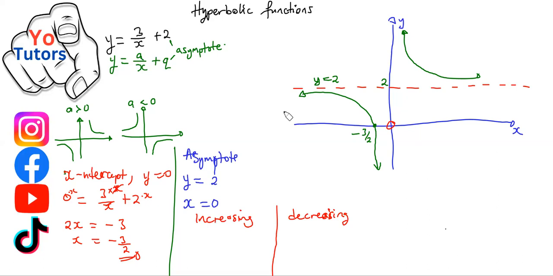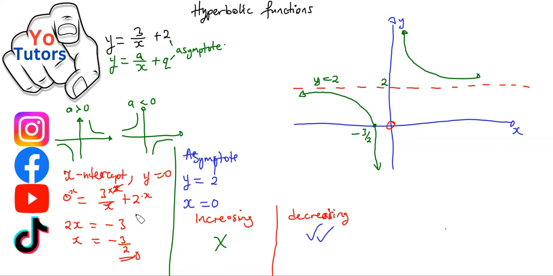They don't change from increasing to decreasing. So in this case, it's decreasing because the graph has a negative gradient. But on the increasing part, that's a no. So here we don't put it as increasing.